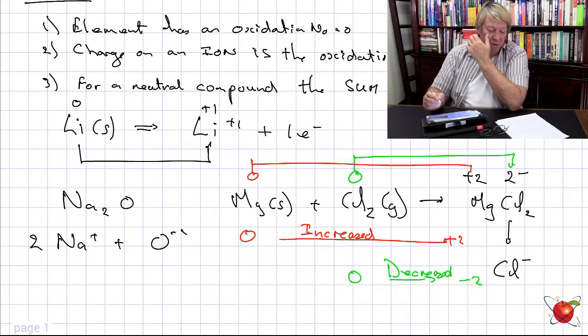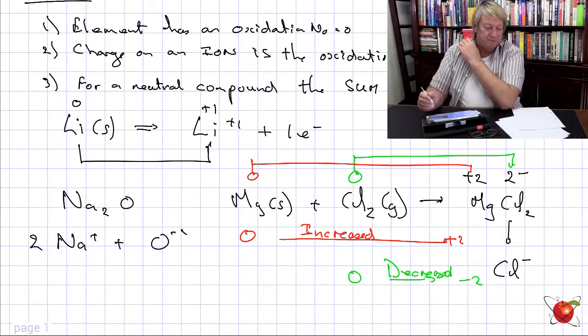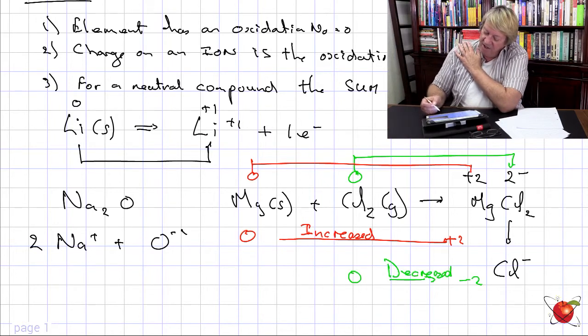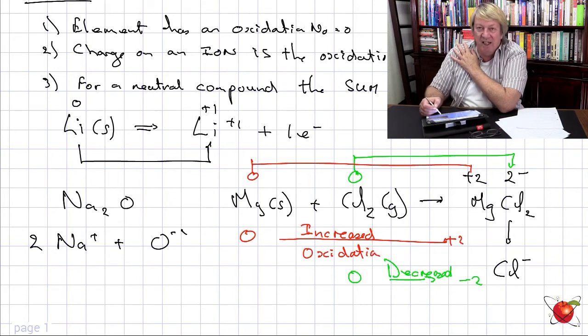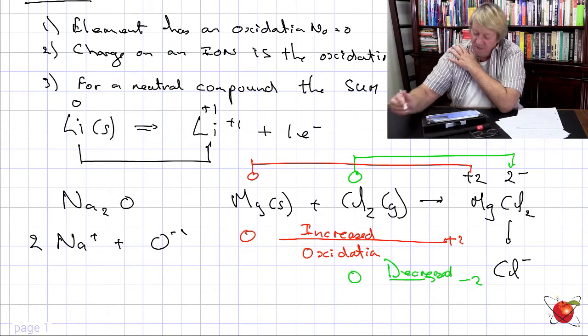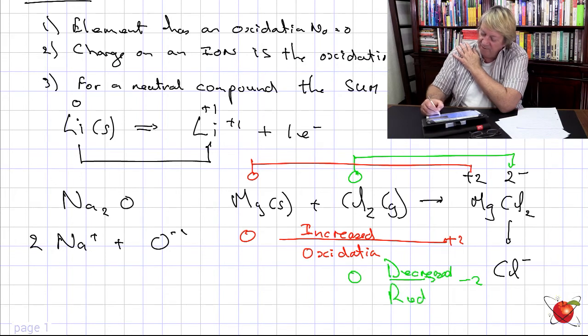Okay? Well, we can say something very interesting about that. We're going to say that an increase is oxidation. So if it increases, we've had oxidation. How could it have increased? It gave electrons away, didn't it? It lost. So oxidation, and the opposite side of that is the green side where we decreased, which is reduction.